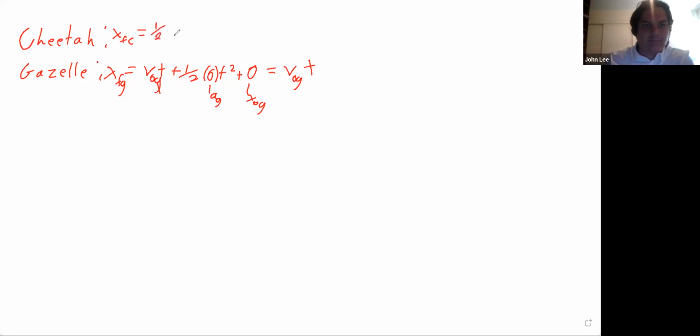So 1/2 A cheetah T squared plus 0 times T, because there's no V naught cheetah, plus 0 because we define X naught cheetah to be equal to X naught gazelle is equal to 0.